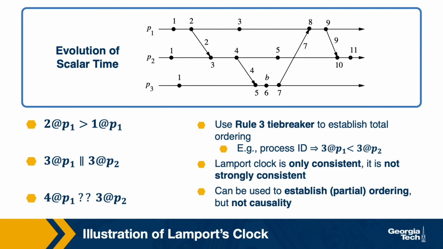Since the order doesn't really matter for the correctness of the observation, we can come up with some arbitrary rule as long as everyone in the system agrees to what that rule is. A common rule that's easy to implement uniformly across all nodes is to use the identifier of the process as a component of the timestamp. The combination of the process ID and the timestamp value then will be distinct among all nodes, and it can be used to order all the events that have a matching timestamp T. If we follow that rule, the event 3 at P1 will be perceived as being ordered before the event 3 at P2, and that's because the ID of P1 precedes the ID of P2.